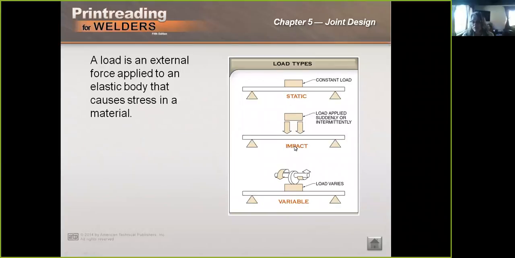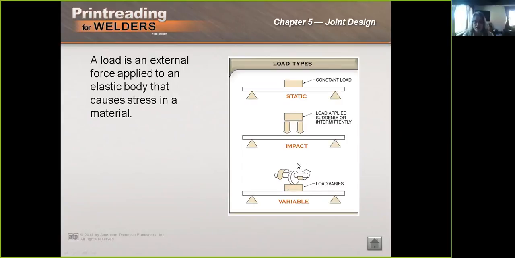Walking, the force of people walking on a bridge or on an overpass is an impact load. A punch, if you've got a piece of machinery that is punching or stamping, that will create an impact load on whatever the working surface is.